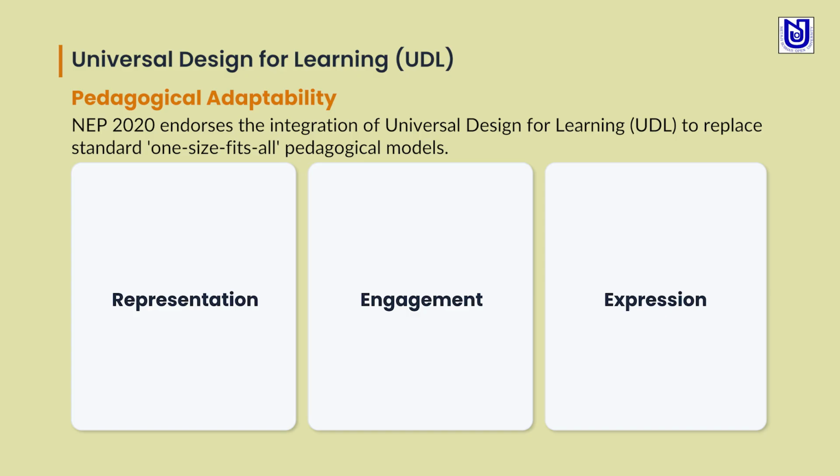It focused on engagement, that is creating customized motivators matching student-specific learning, and also the UDL focused on expression, that is allowing alternative assessments including oral portfolios and digital presentations so learners with disabilities or special abilities can express themselves without following the traditional methods of education.